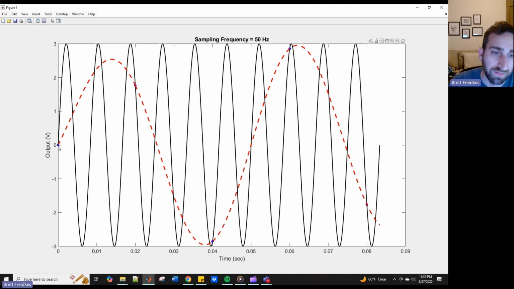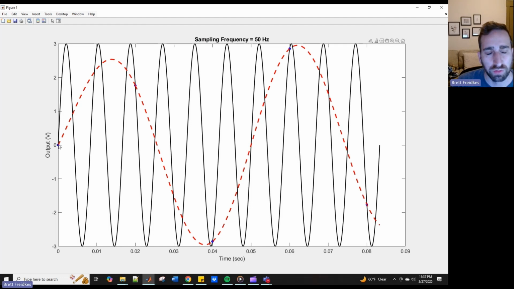So if you look, I collect my first data point, that's these blue points here at 0.00, 0.02, 0.04, 0.06, and 0.08. That's our sampling frequency of 50. Now, if I try to connect the dots using what's known as a cardinal series to reconstruct the signal, I will see a sine wave that is at a much lower frequency compared to the signal I actually want to measure.